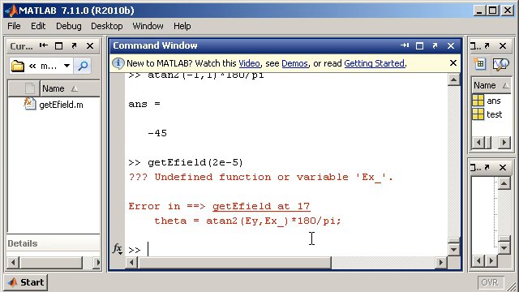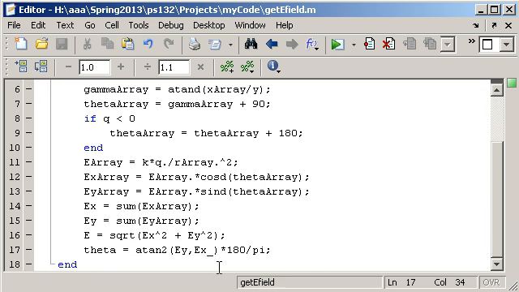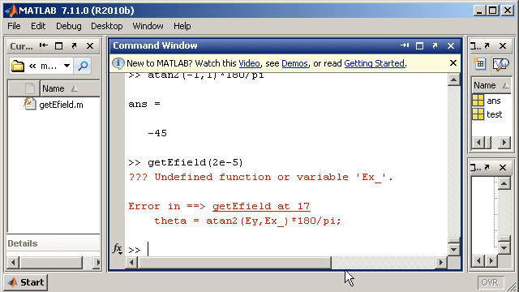So let's see if we get an error. It didn't like, oh my goodness, I apparently have an extra underscore in there. Don't remember typing that. Save. Run.